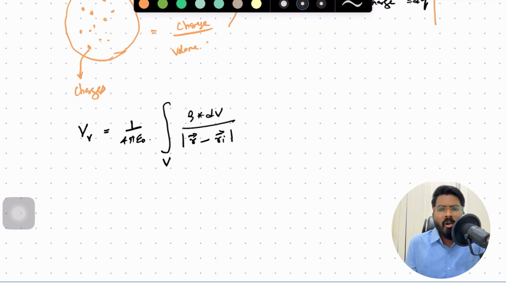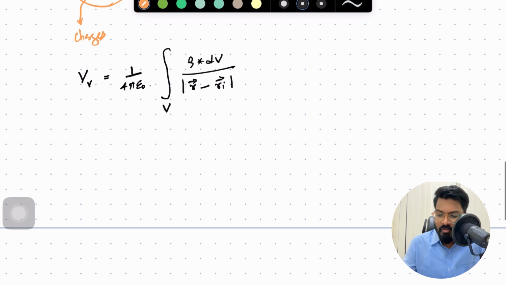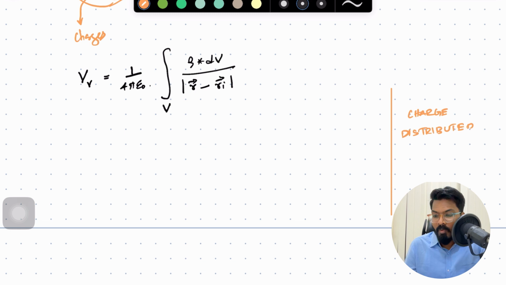Now instead of volume, what if I look at the charge which is distributed over surface area? We are not considering the individual particles of the laddu. We are just looking at the charges which are present on the surface area of the laddu.